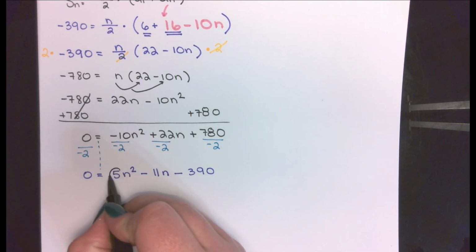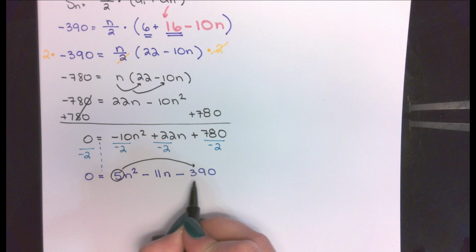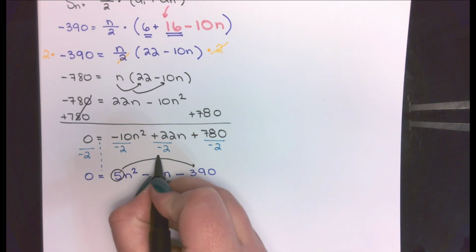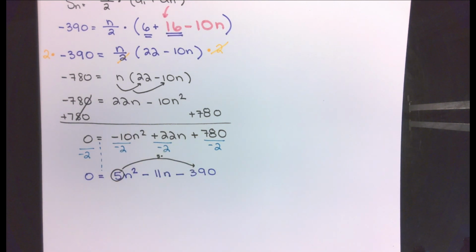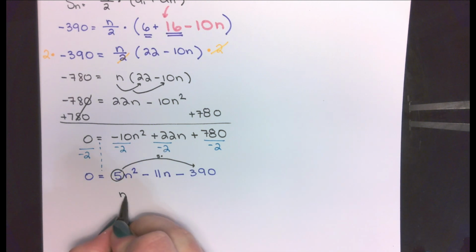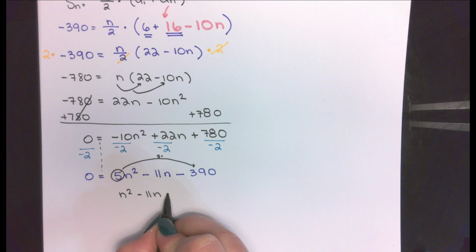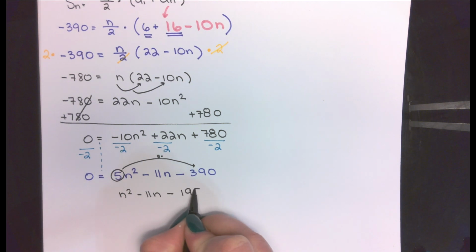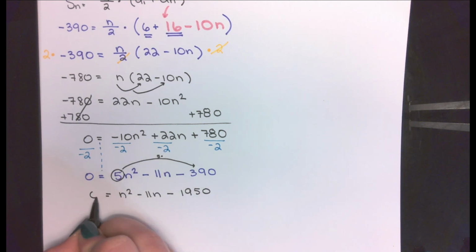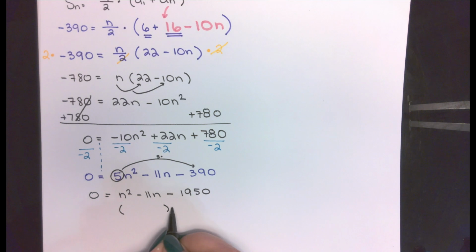So we're going to take this 5 and multiply by this negative 390. So 5 times 390 gives n squared minus 11n minus 1,950. And now we're doing our guess and check.